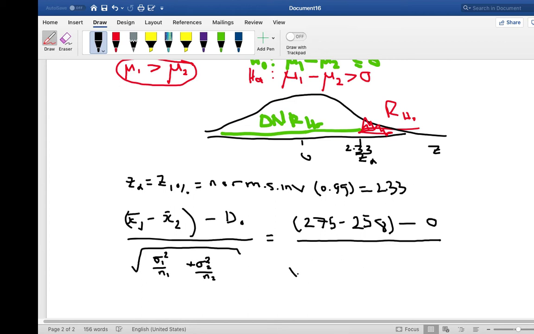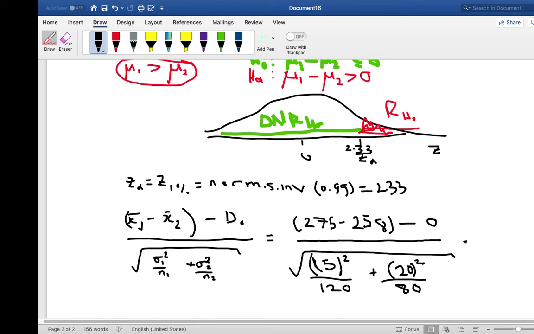And then we're going to divide by the square root of sigma 1 squared, and if you look above, you'll see that sigma 1 was 15, so 15 squared divided by 120, plus sigma 2 squared, where sigma 2 was 20, so that squared, divided by 80, which is the sample size of the second sample.